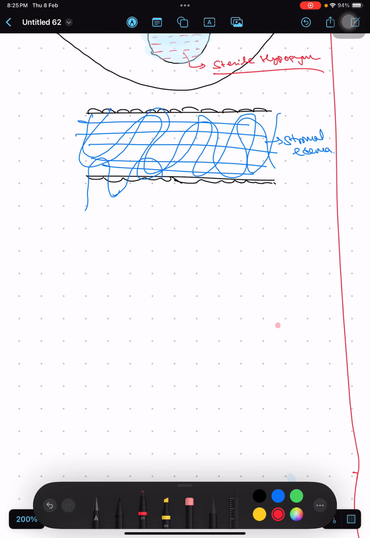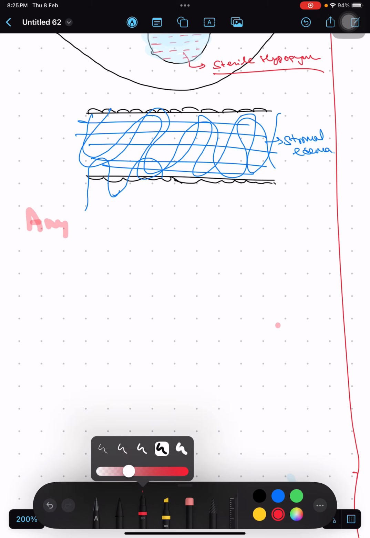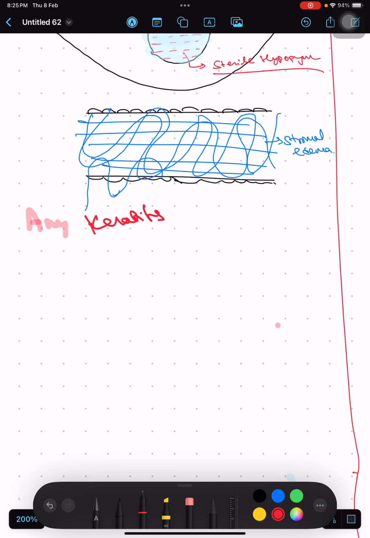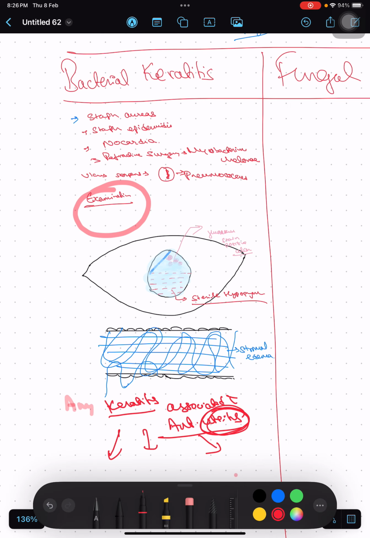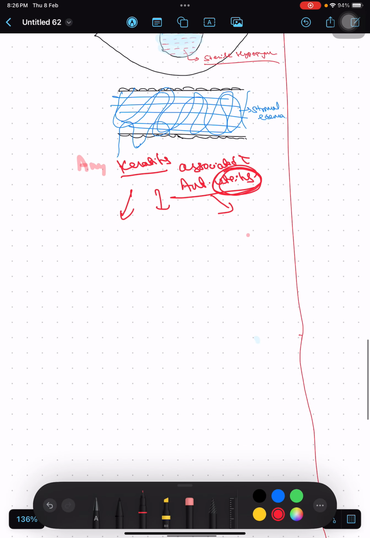Next topic is, any keratitis is associated with anterior uveitis. Uveitis we'll be talking about later, but any sort of bacterial keratitis is associated with uveitis.